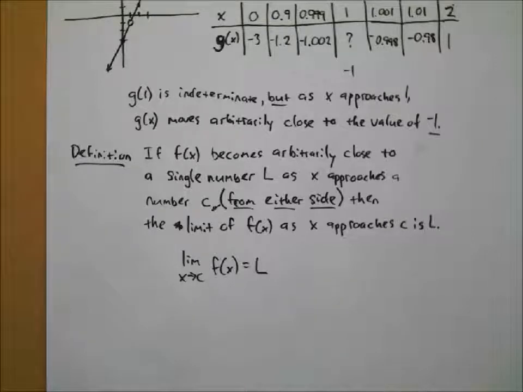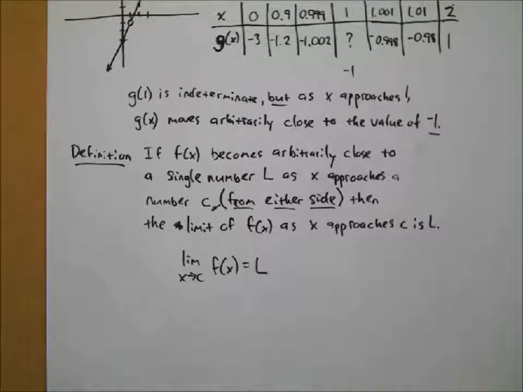One approach is x is approaching C. So C is some kind of x value if you want to think about it. x is approaching C, and then as a result, the function, its value is changing as well as x gets closer to C. f of x is going to approach some number L if the limit exists. Okay, questions on any of that?